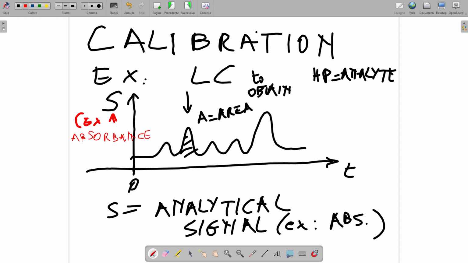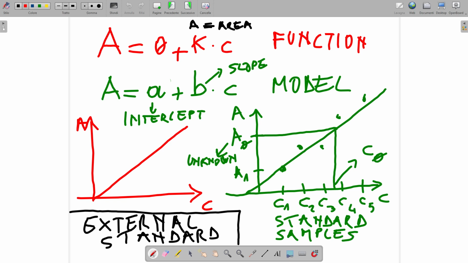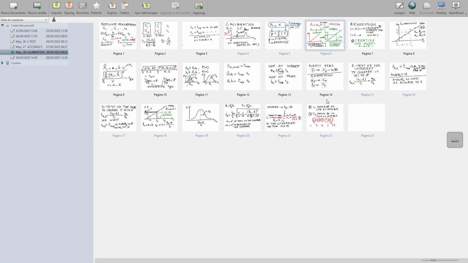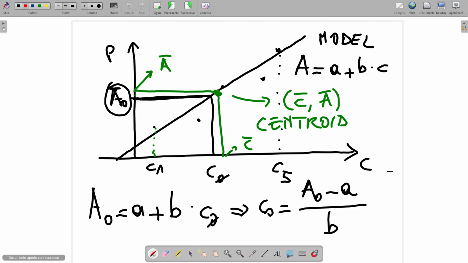So in general, in order to choose the concentrations of the standards, at first I estimate the order of magnitude of the centroid for the concentrations. Then I choose the minimum concentration of the standards as low as possible, but higher than the limit of detection.